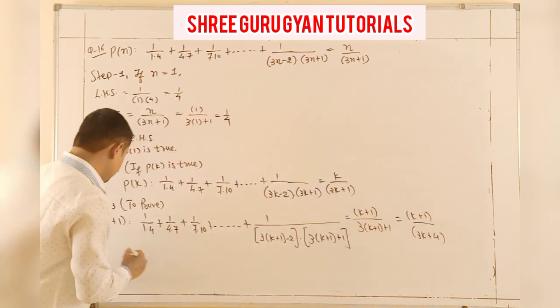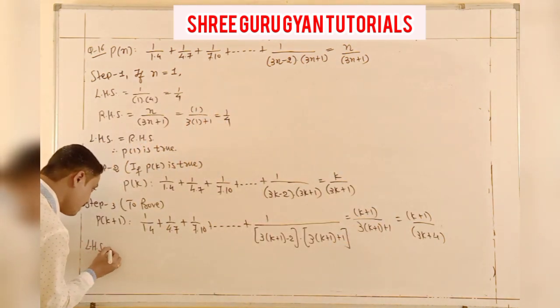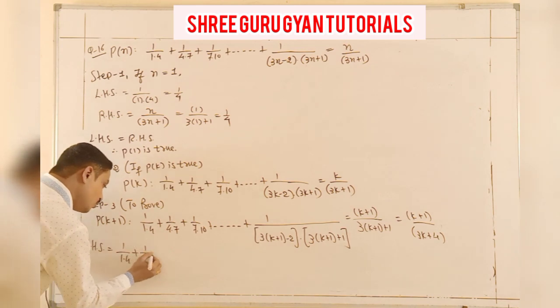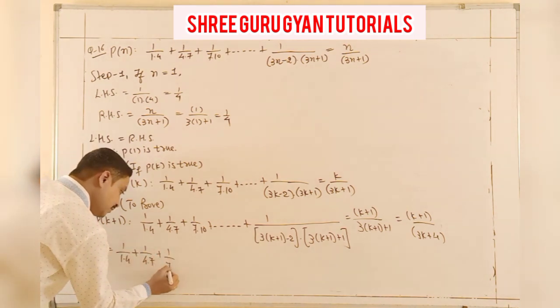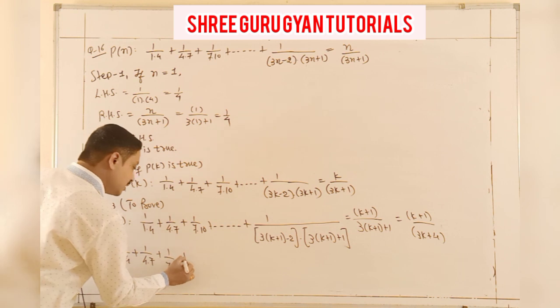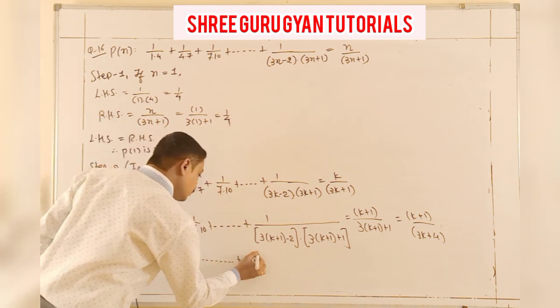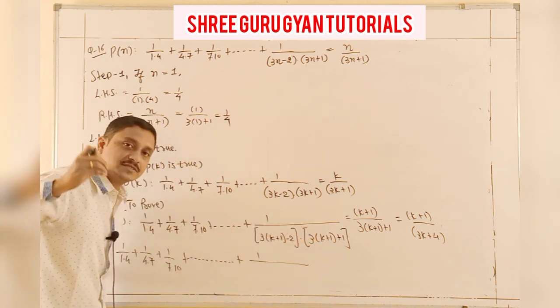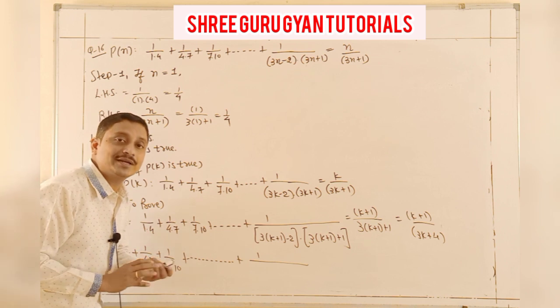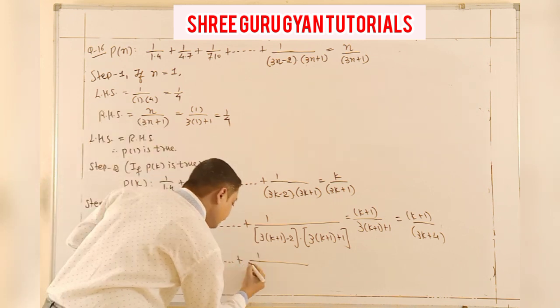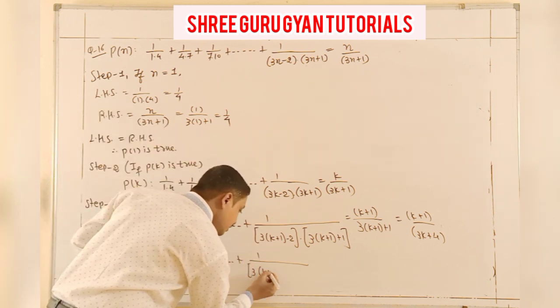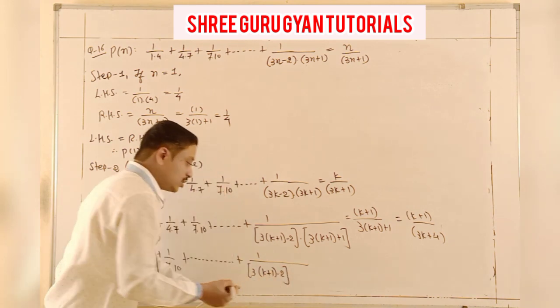Yes students, now I start LHS. 1 into 4, 4 into 7, 7 into 10, plus. These are complete steps, same as I showed before. 1 by 3 with k plus 1 minus 2. Nothing to calculate yet.